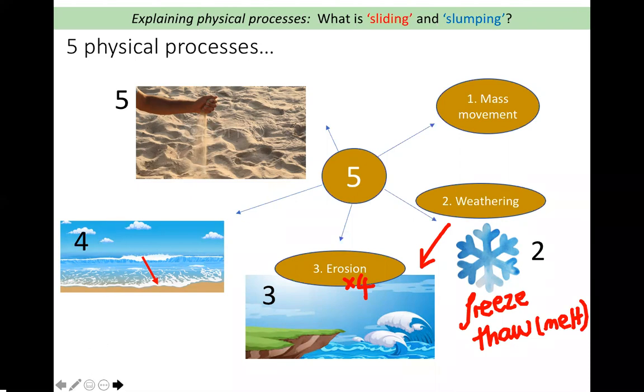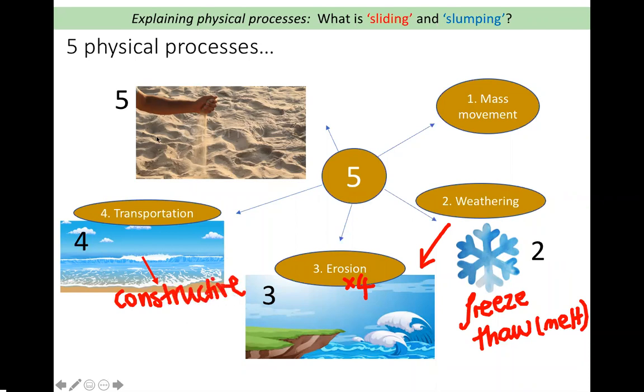Number 4 is transportation. Now, the type of wave you can see in this cartoon is a constructive wave. A constructive wave has a strong swash and a weak backwash, and it deposits sediment onto a beach, okay? So that's a constructive wave.